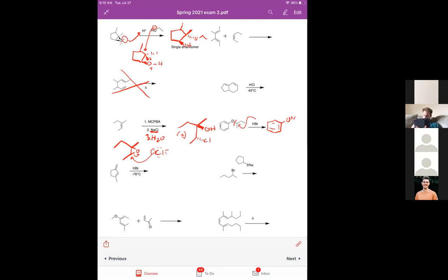Oh my God, I can't talk. The other one on this page that dealt with reactions from chapter 12. No, 13. These are chapter 13 questions. This one here, you're doing an SN2 to form a thioether. Should give you this product.